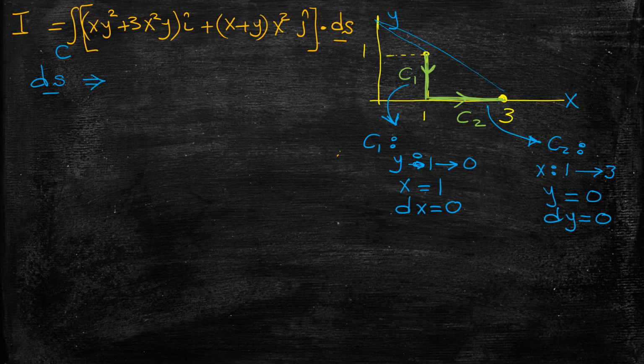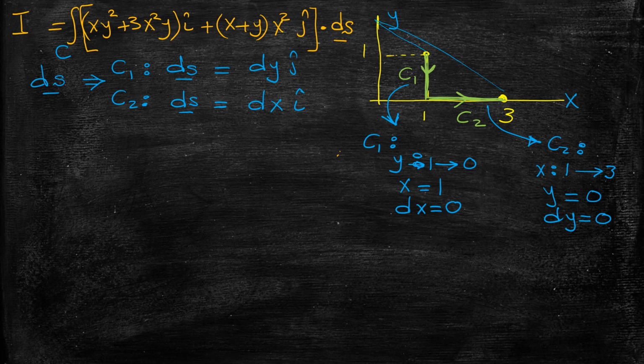Regarding the first path, which is C1, ds is nothing but the vector along C1, so ds here is just equal to dy in the j direction. And regarding C2, ds, which is any change in the length of this line, is just an element dx in the i direction.